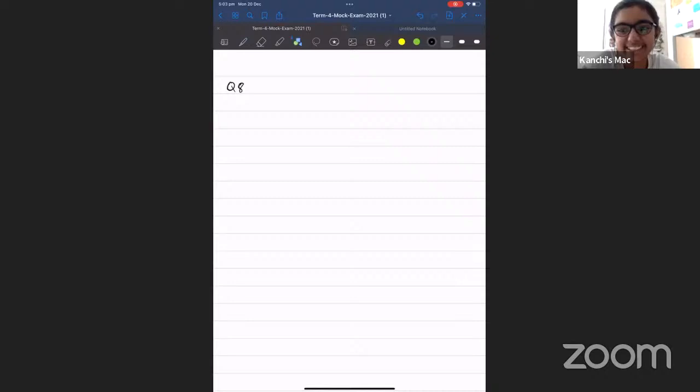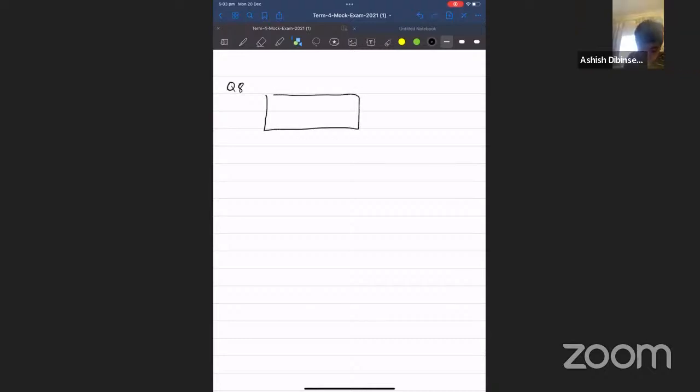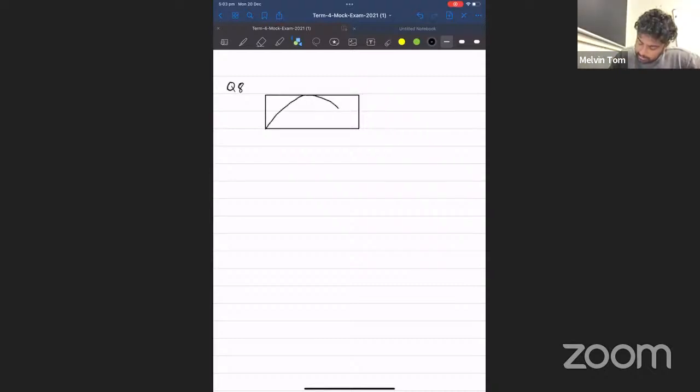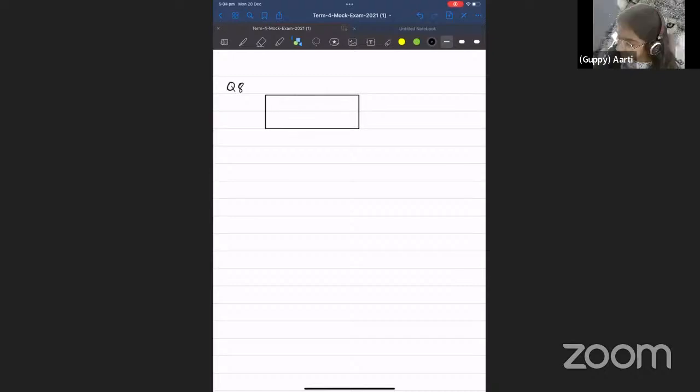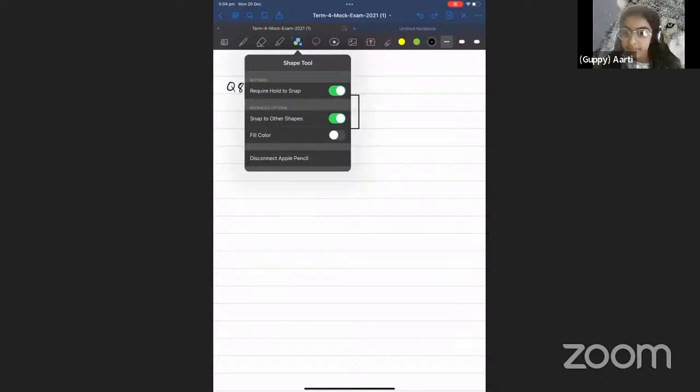All right. So a semicircle of an area of 4.5 pi centimeters is inscribed in a rectangle. So we have a rectangle, ladies and gentlemen. And then we have a semicircle. I'm so good at drawing semicircles. Well done.